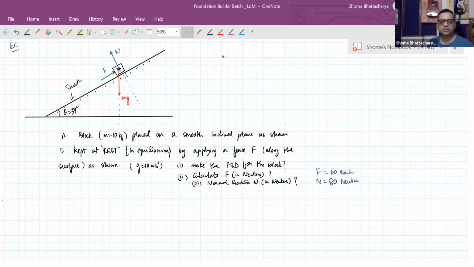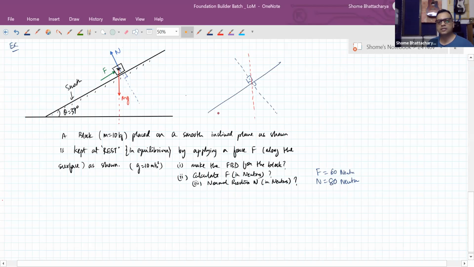You can also see, like we discussed last time, that the normal reaction always acts along a line which makes an angle theta with the vertical, which is the same as the angle the inclined plane is making, that is the same as this angle theta.